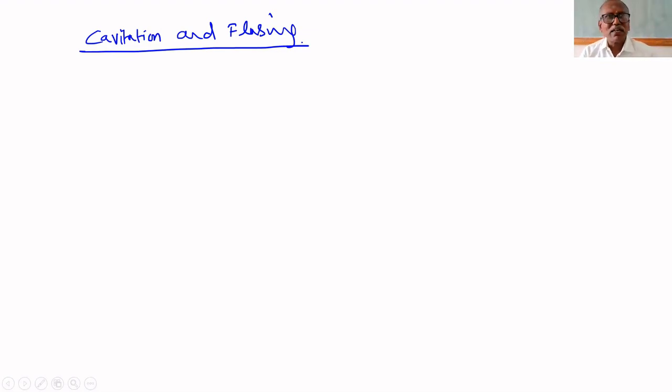That's why a cooker functions. In a cooker, when the water boils, what is its maximum temperature? 100 degrees centigrade. You cannot increase beyond that because it starts boiling. If you increase the pressure, the boiling point also will increase. That is the idea behind the cooker.